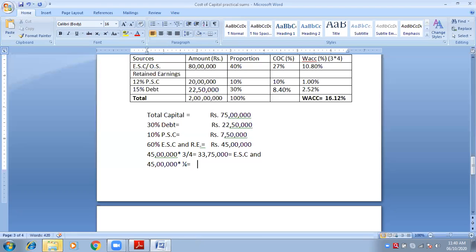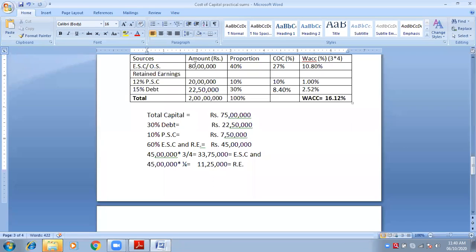How much? 11 lakh 25,000. 11 lakh 25,000 will be my retained earnings. Did you get this? Yes, ma'am. So this is how we need to calculate the amounts that are not given in this question. This is the first question where we have calculated the amounts. Amounts were not given.